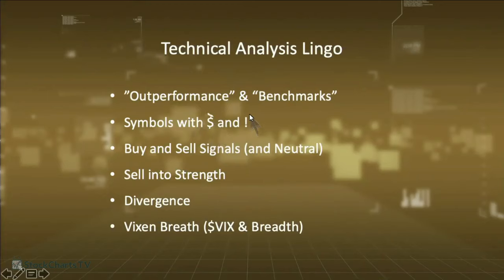And then the exclamation point symbols that you'll find actually migrated from DecisionPoint. So it is indicators. It'll give you an indicator set, like new highs, new lows, or sentiment up, down. That's going to be preceded by an exclamation point. So that's the difference, at least on StockCharts, with how we use the dollar sign and the exclamation point.